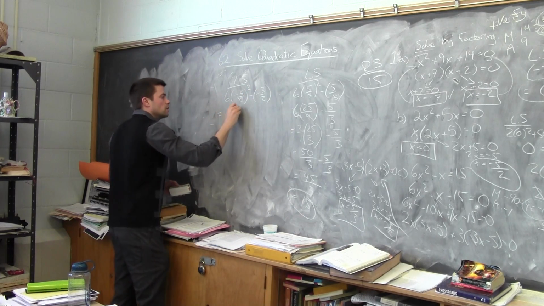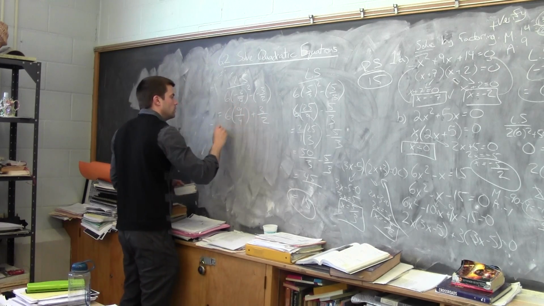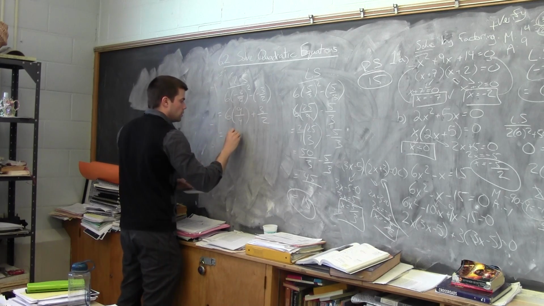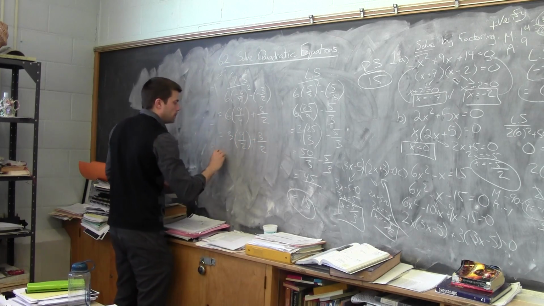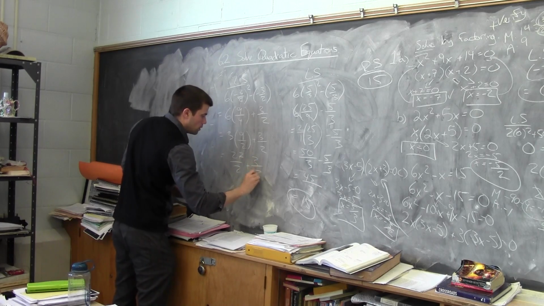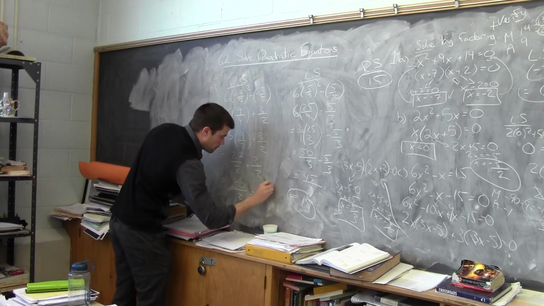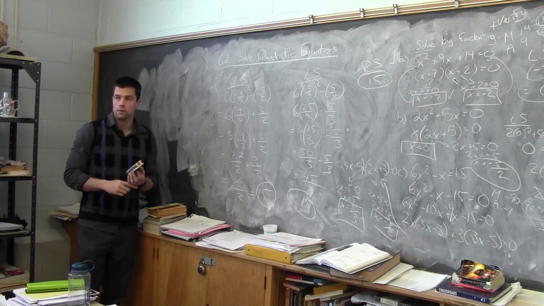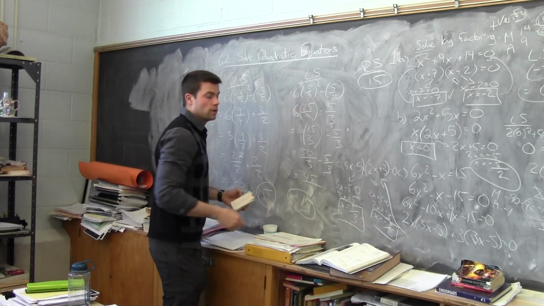So we get 6, 9/4 plus 3/2, which is 3. Okay? 15 is left-hand side, 15 is right-hand side. Any questions?